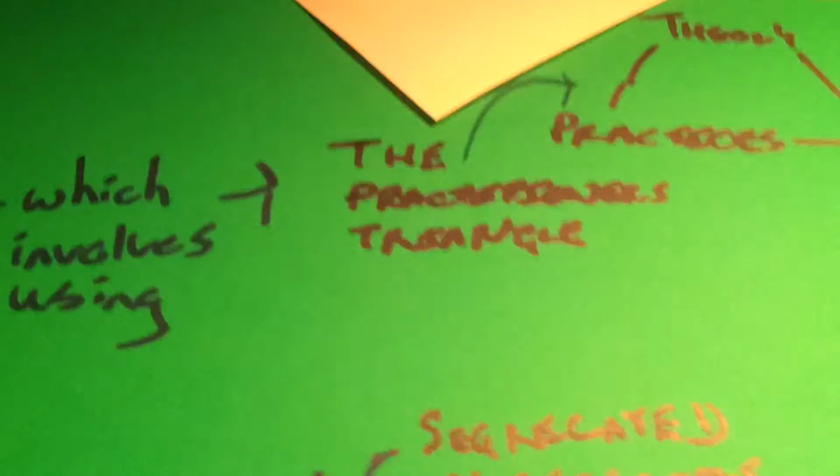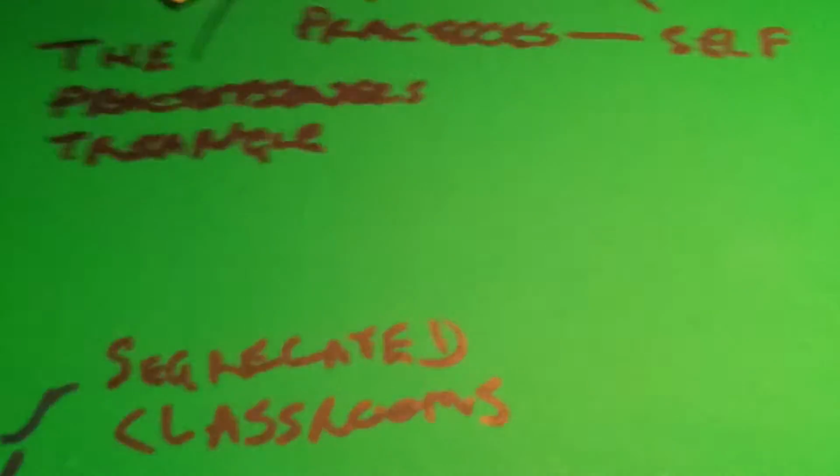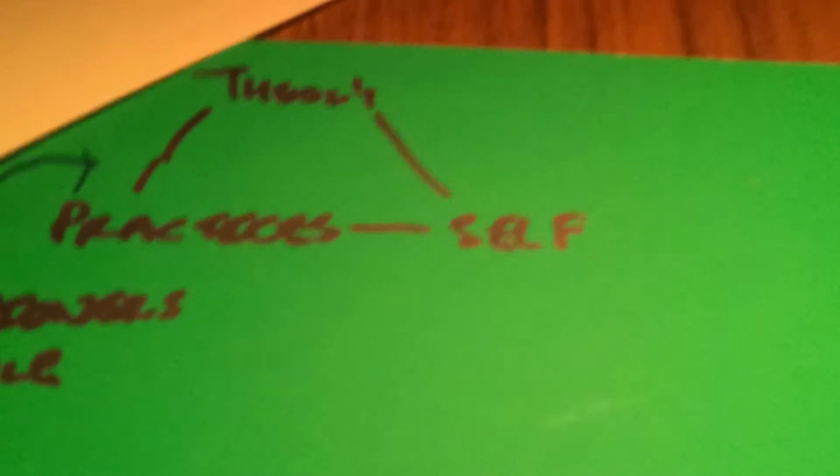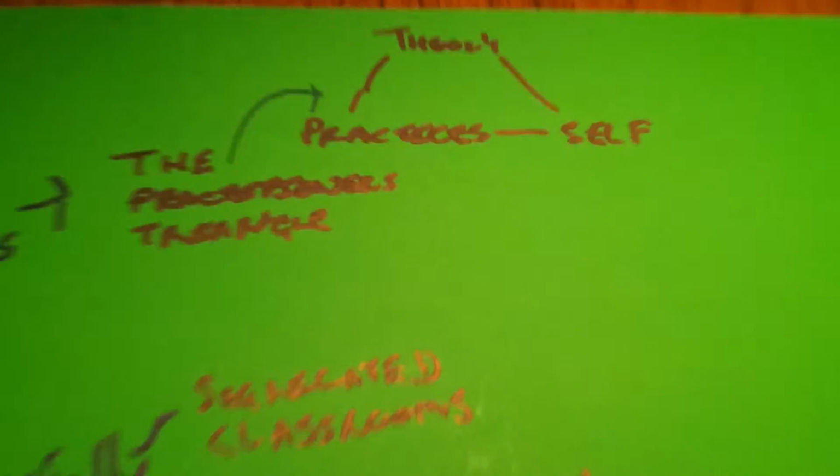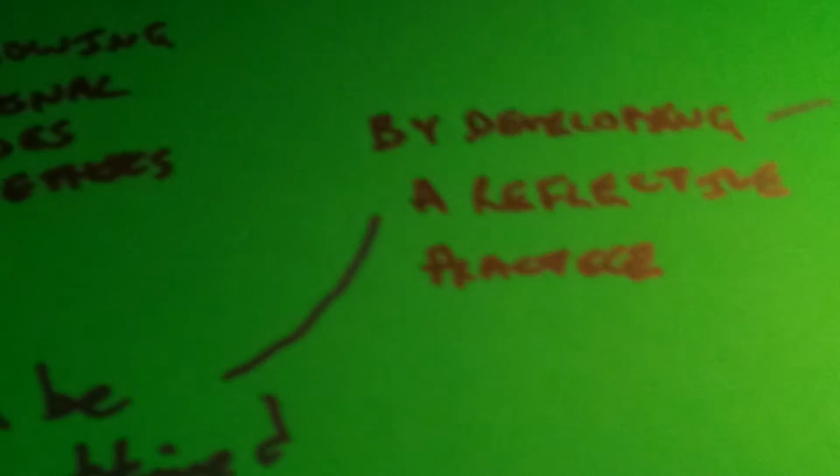A reflective practice, which of course involves using that ever so helpful practitioner's triangle, where we incorporate theory, practice, and self. And if I can be reflective, develop reflection as a way of being, and I can follow codes of conduct, ethical practice can be attained.